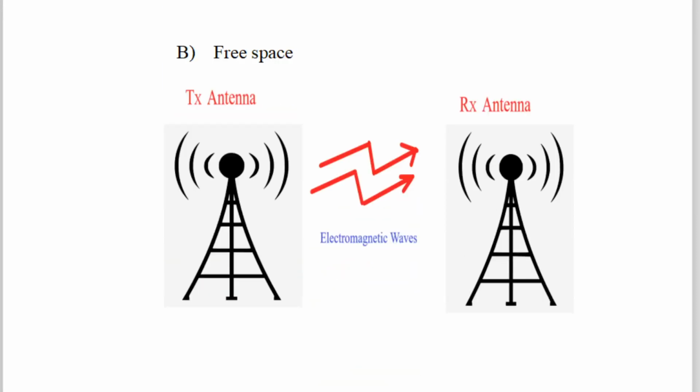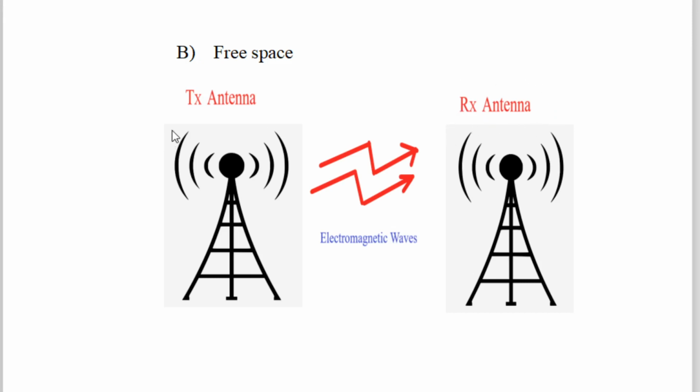Next communication channel, as we discussed earlier, is free space, air. In free space, what is transmitted? Electromagnetic waves are transmitted. If you want to use free space and carry the information signal by converting the electric signal into electromagnetic waves, you will require a transmitting antenna, and on the other side, a receiving antenna.